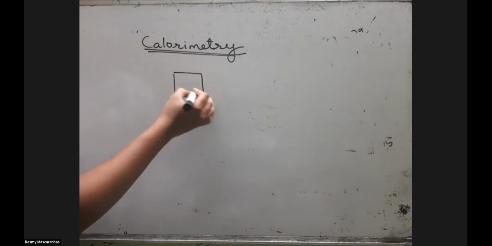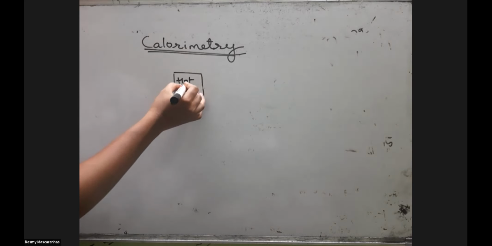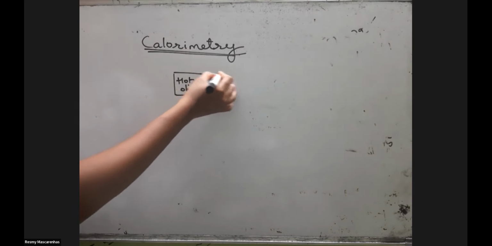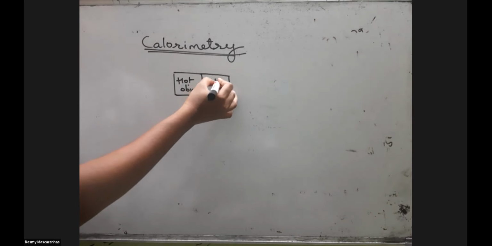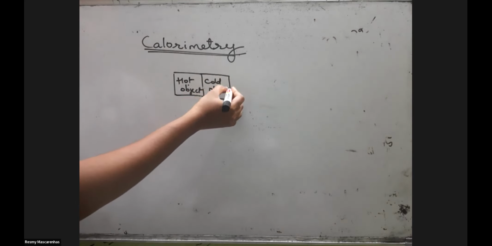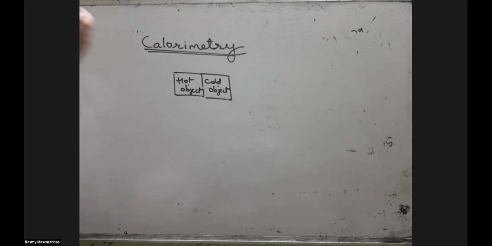Now I want to calculate the heat which an object is giving out. If you have a hot object and a cold object kept together, what is going to happen?